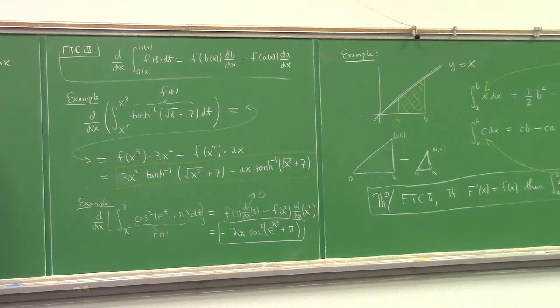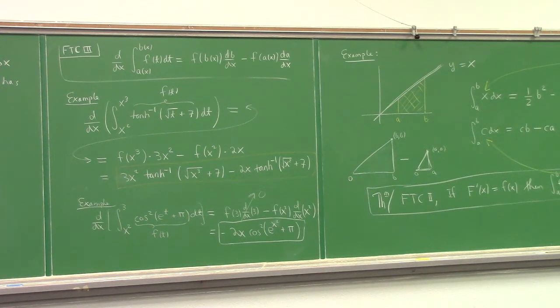Suppose that f of x has antiderivative big F of x for a less than or equal to x less than or equal to b at least, all right?